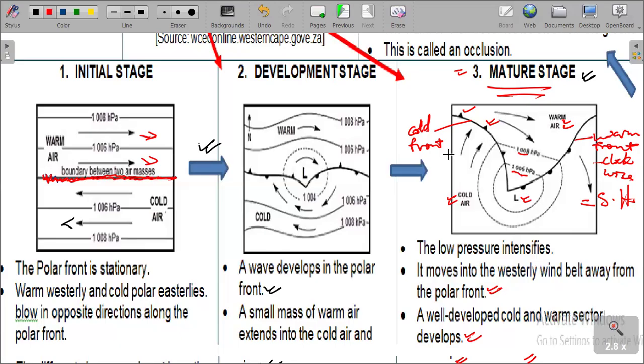I also need you to understand one other thing, the specific weather conditions that are associated with what? With the mature stage.